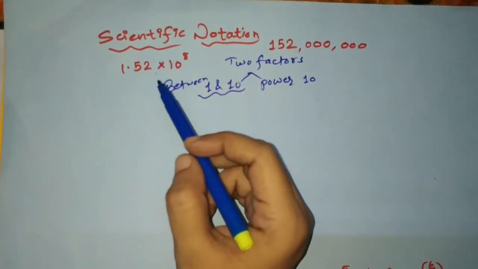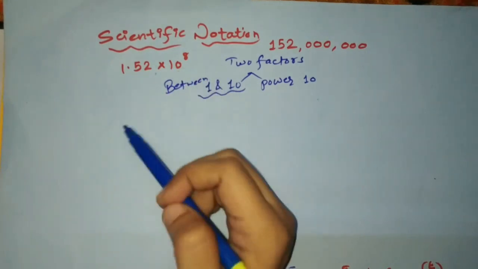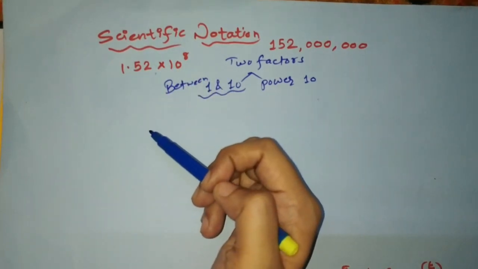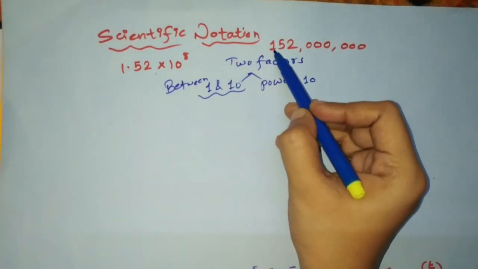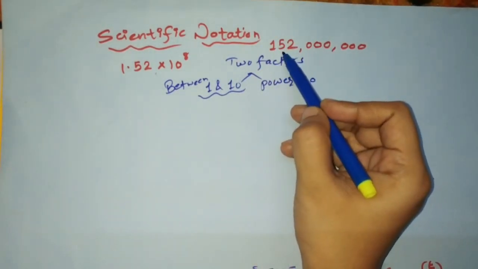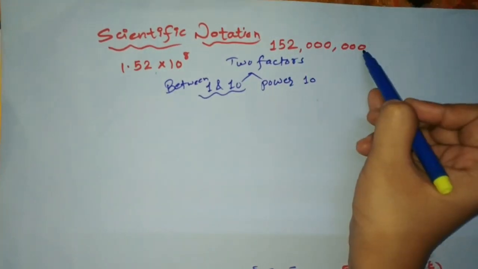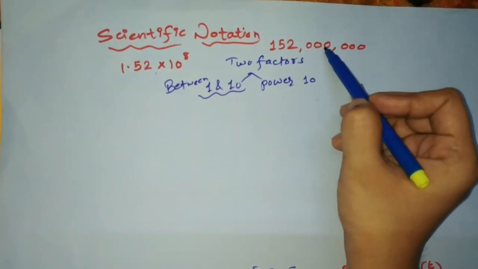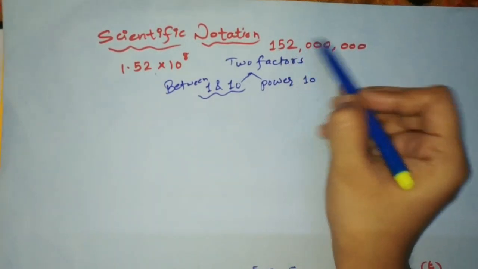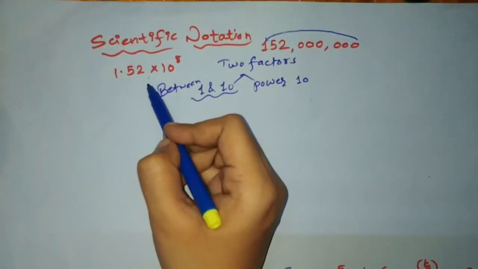For the first factor, you need to move the decimal point to the left as many places as it takes to get a number between 1 and 10. For example, I want to write 1.52. I'll move the decimal from here to the left-hand side, 1, 2, 3, 4, 5, 6, 7, 8 places.